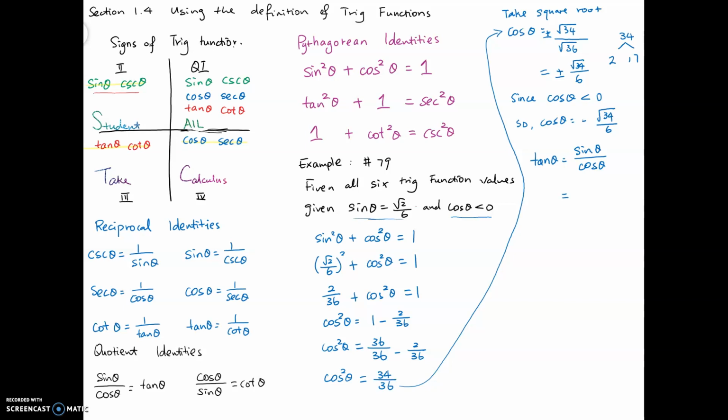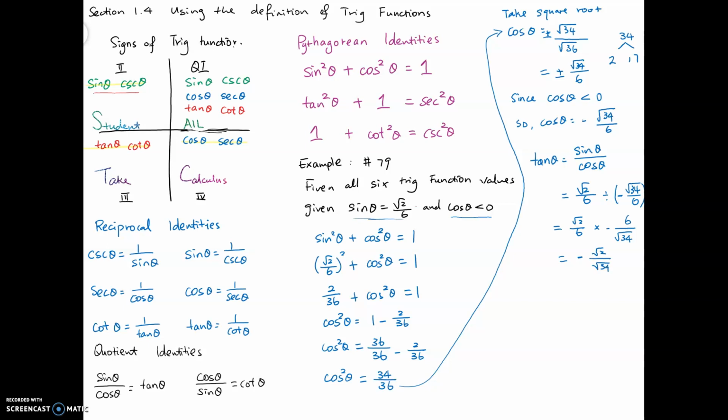Sine theta is square root 2 over 6, and we need to divide it by negative square root 34 over 6, which means multiply by the reciprocal. And we end up with negative square root 2 over square root 34.